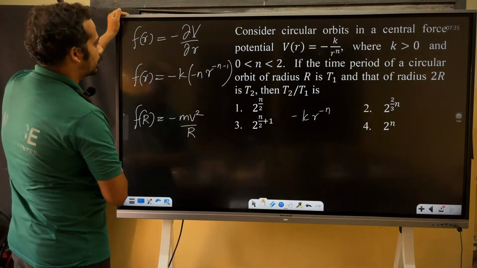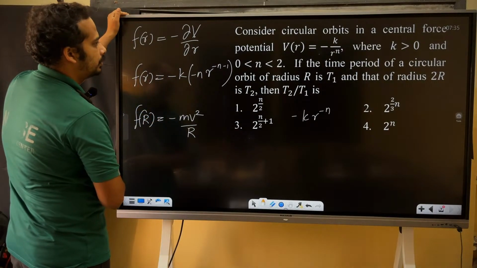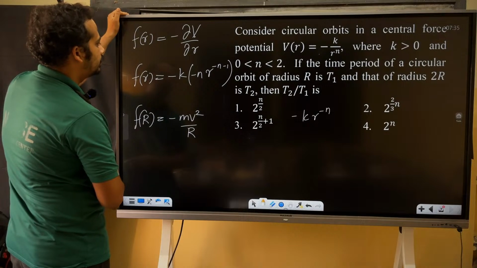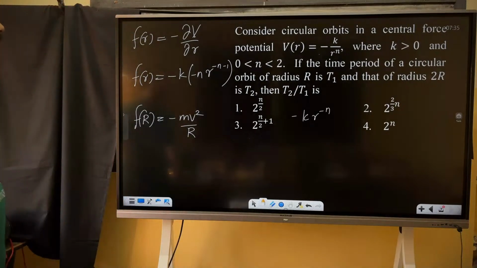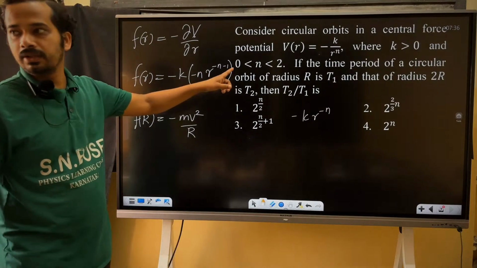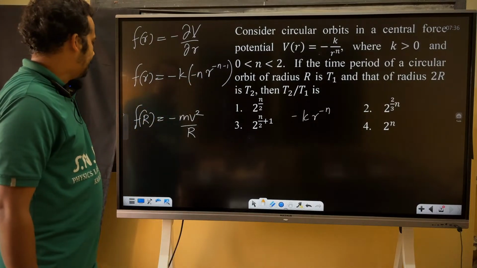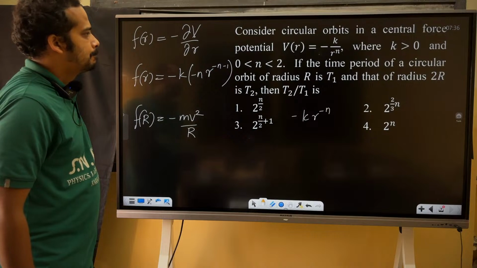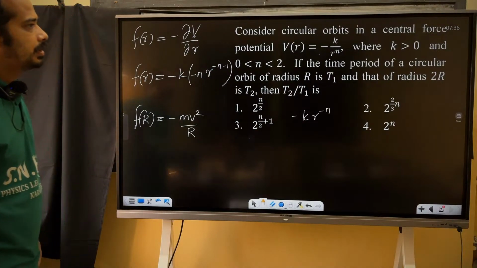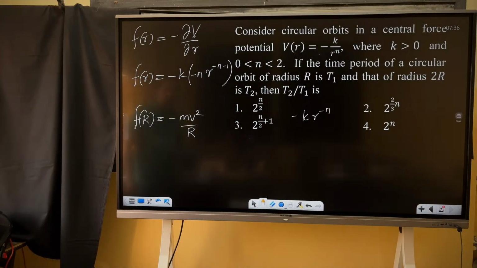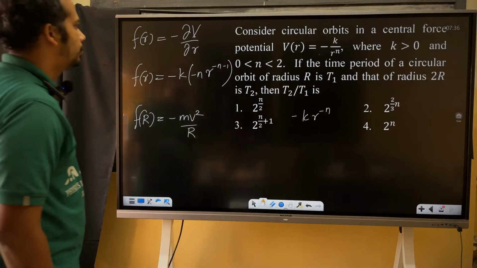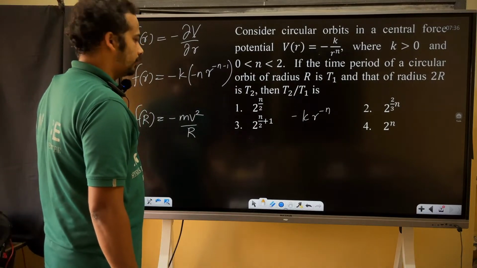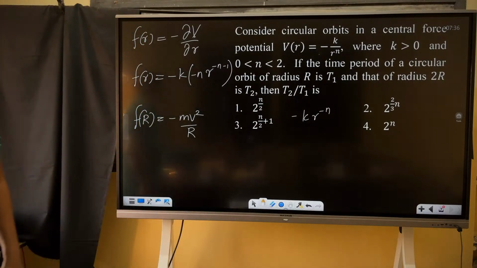Any mistakes? It's a derivative. K is greater than 0. Force should be attractive, am I right? That's what I'm thinking.